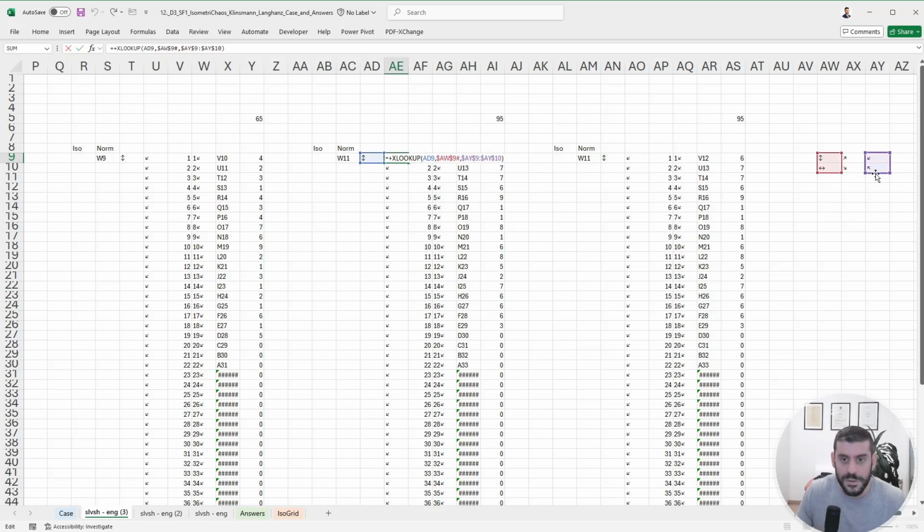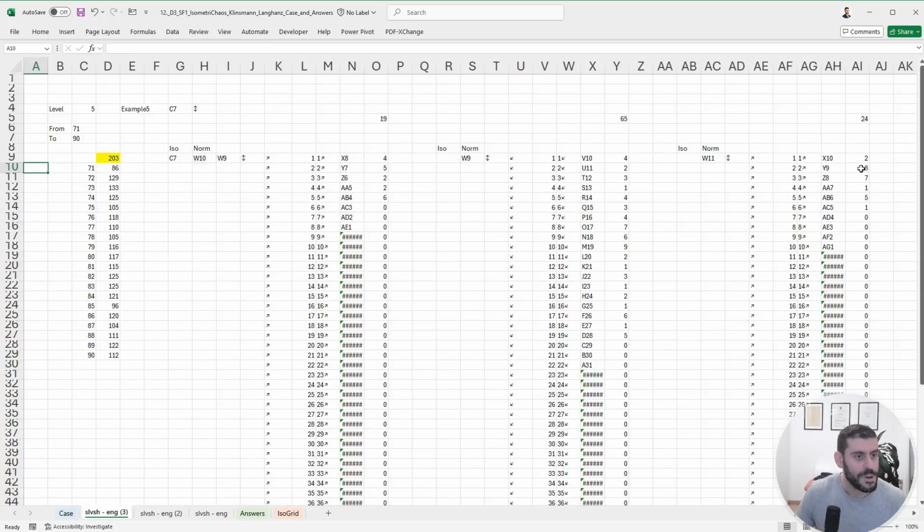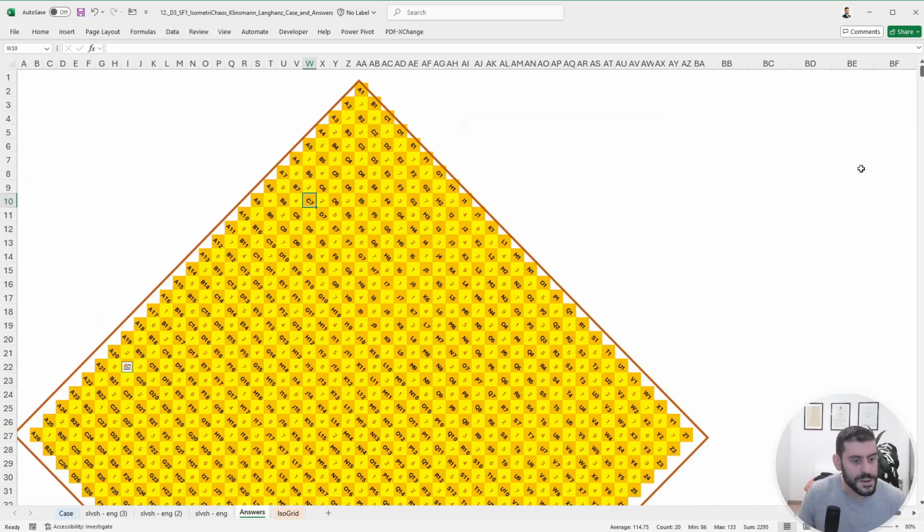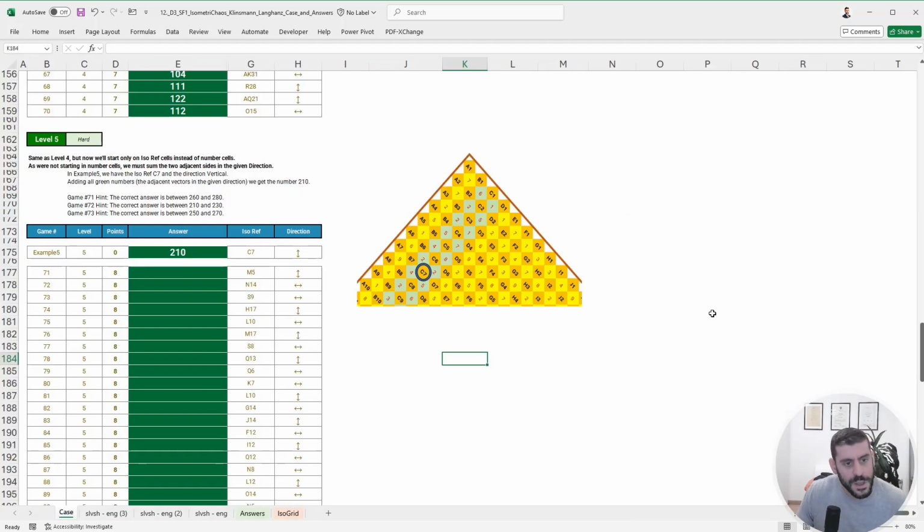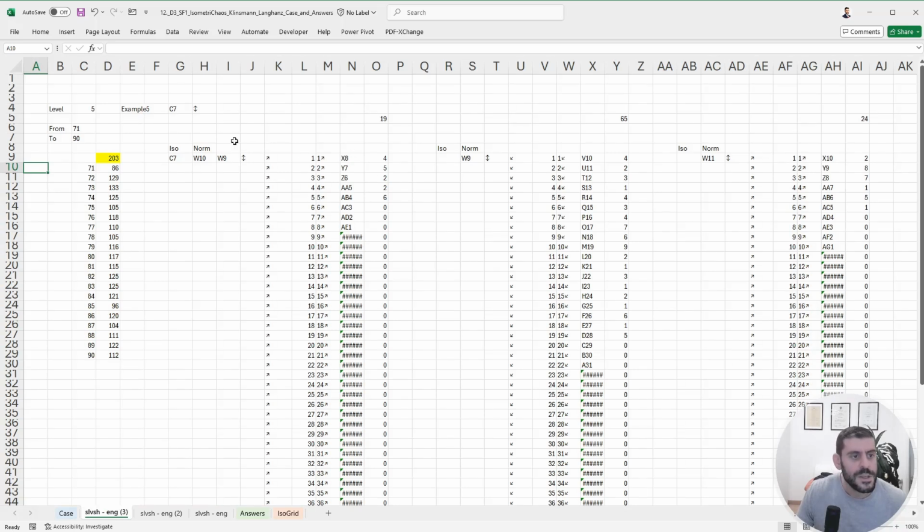So this was supposed to be this. 203, and I'm missing the starting cell, which means simple indirect of iso grid this and this.